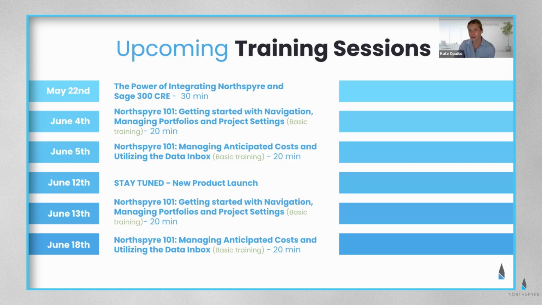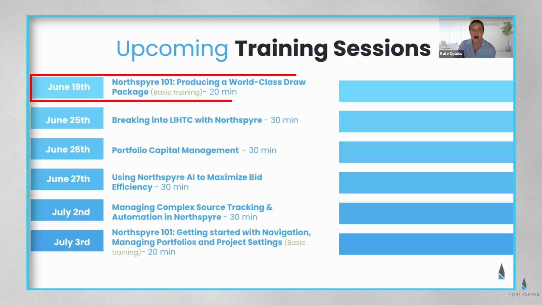So if you missed one, be sure to come back later. And then on June 19th, I know some of you might be off, but the session will be recorded. We are going to be doing a world-class draw package training as a great follow-up to the first two trainings. My coworker, Joe, if you haven't met him, you're going to love him. He is a podcaster, or at least he sounds like one.